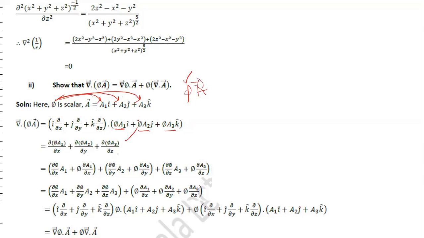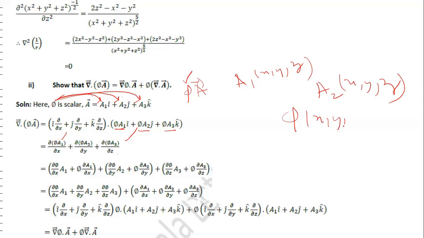Right. Again, a1 is, as I said before, the coefficient of i cap. It could be a function of x, y, and z, like I already mentioned before. a2 could be a function of x, y, and z. Considering that, if you have the product of phi and a, phi is also a function of x, y, and z, so it's a product of two functions.